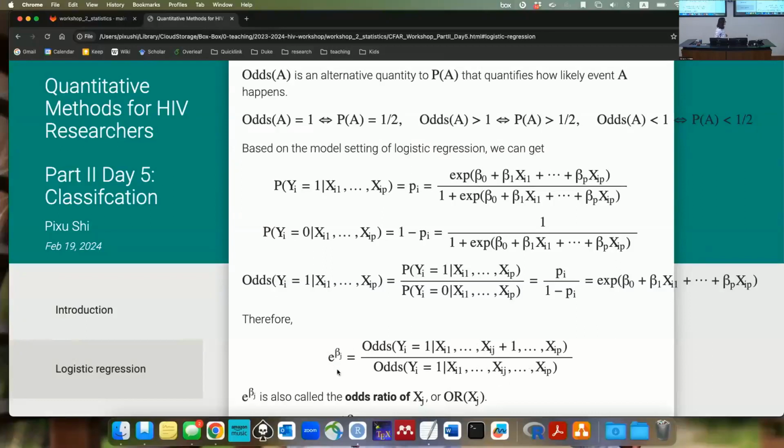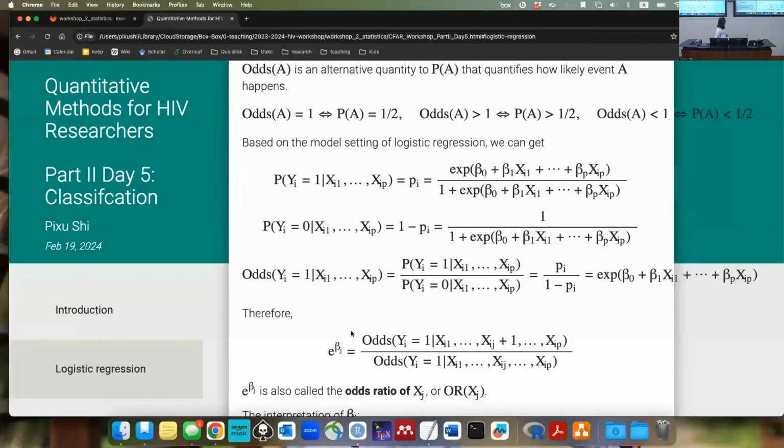So your coefficient for the age, if you take the exponential value of it, it's also the odds ratio of getting infected when you are 1 year older. So it's not really straightforward. It's not like in linear regression, you have 1 unit increase in X, you have beta unit increase in Y. Now, when you have 1 unit increase in X, you are actually multiplying your chance of getting infected.